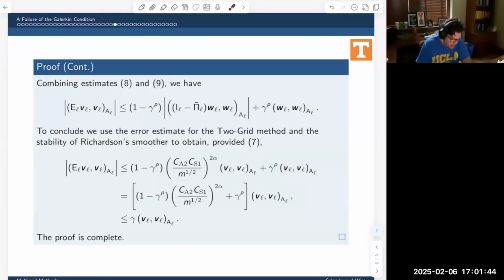Now, here is where I needed to use the convergence property of the 2-grid, or I should say, to get the convergence property in the 2-grid method, I needed to use a few things. I needed to use my alpha weak approximation. So that's that guy. And I also had to use the smoothing property. So, well, Richardson's method satisfied the smoothing property, so I got that. So this is exactly the same constant that we got when we proved the convergence estimate for the 2-grid method. So we just showed that is less than that.